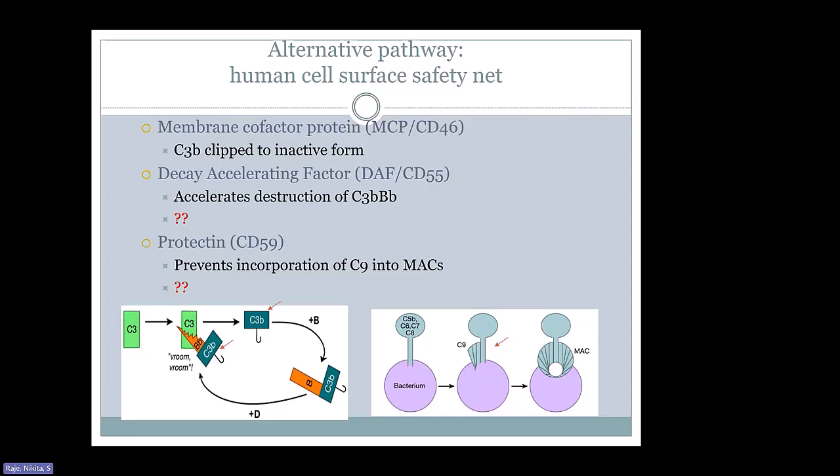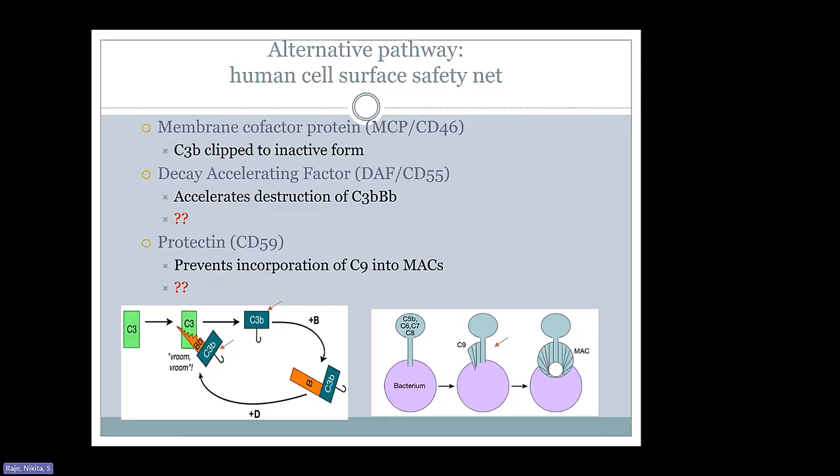All right, but like any other part of the immune system, we need some safety net. As we know, the alternative pathway is always spontaneous and continuing to cleave that C3 molecule to C3b.